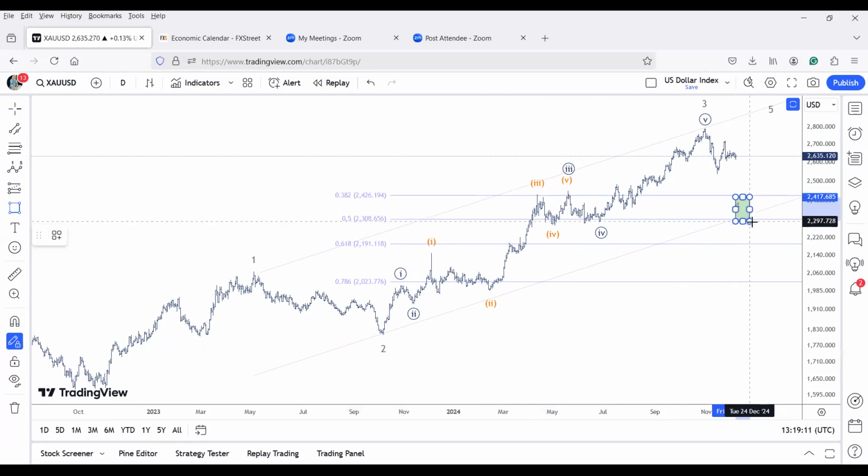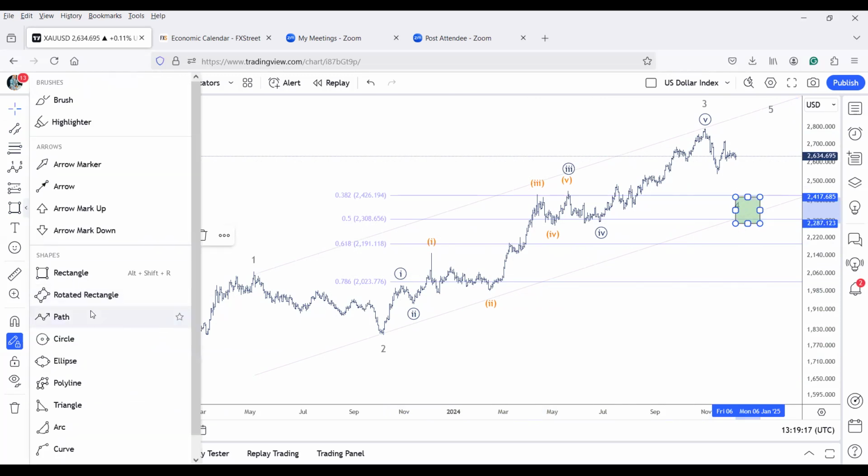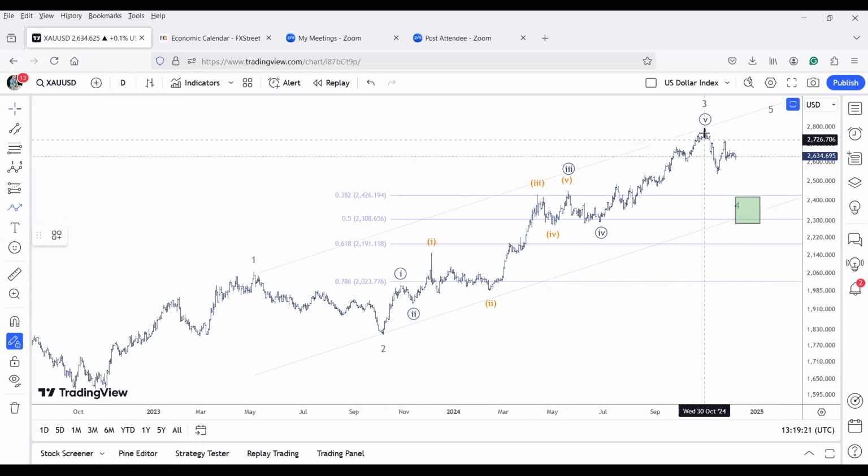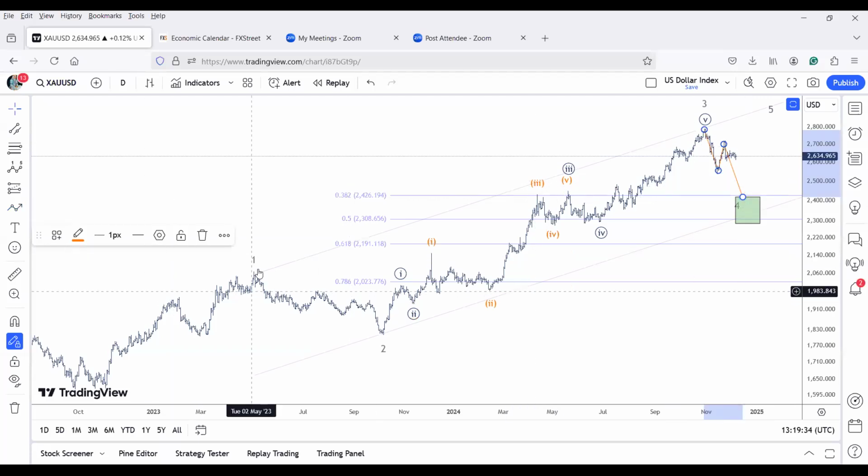This is the zone where the fourth wave would settle around. And how it is going to form, ideally it would take something like this.